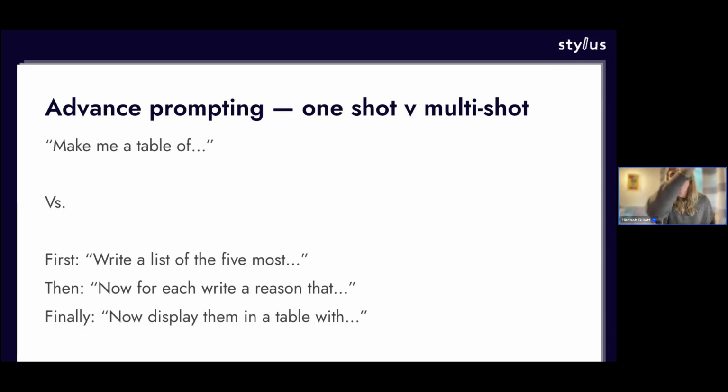Now write the reason, now display that in a table. So the more that you chunk it into steps, and that's literally using bullet points for each of the steps, the better your output's likely to be.